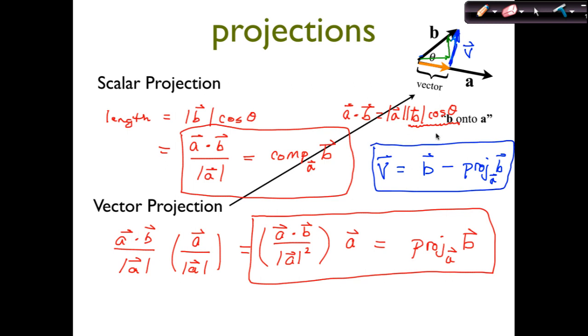Does it make sense? It should make sense. Yeah? So is the scalar projection just the magnitude of the vector projection? Yes, exactly. So the magnitude of this vector is that, right? Because we took this unit vector and scaled it by that much.